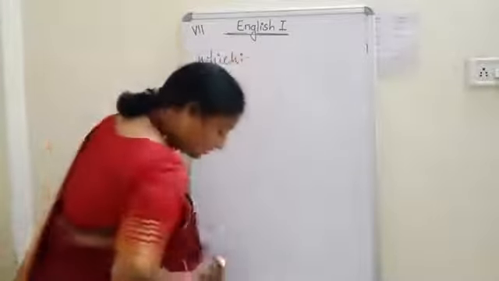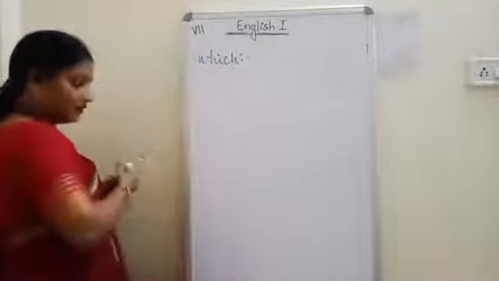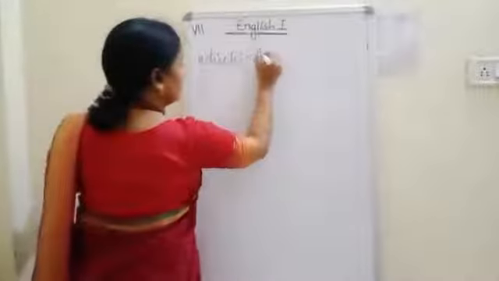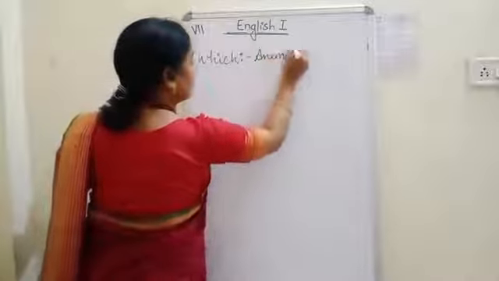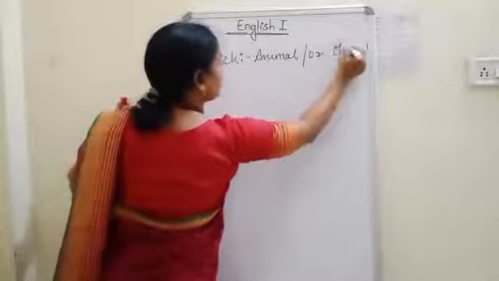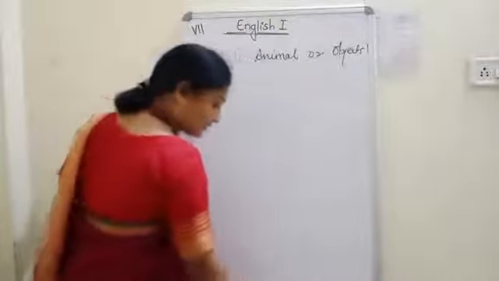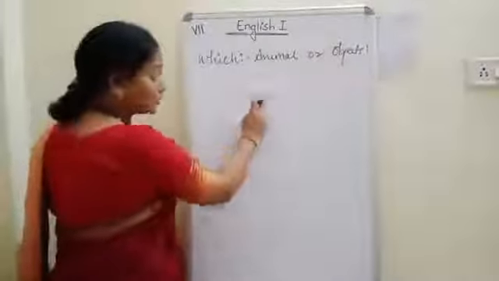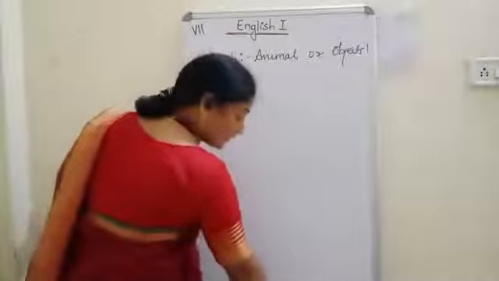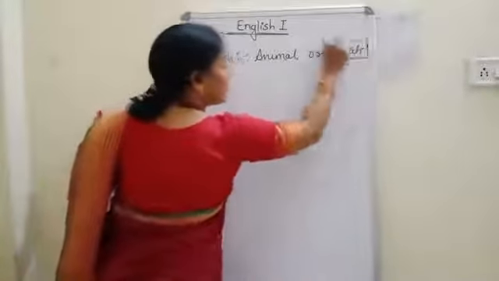Now, "which" refers to animals or objects. Clear? So what is written? It can be used for animals as well as for the things without life. That is called an object.